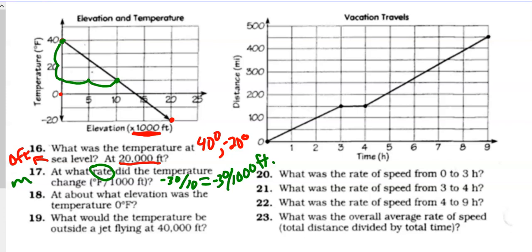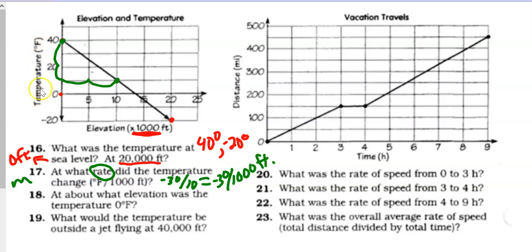All right, so let's take a look at 18. We'll continue on here with the same problem. At about what elevation was the temperature at 0 degrees? So what was the elevation at a temperature of 0 degrees? So now we're looking at 0 degrees Fahrenheit. Fahrenheit is our temperature, which is our Y value.